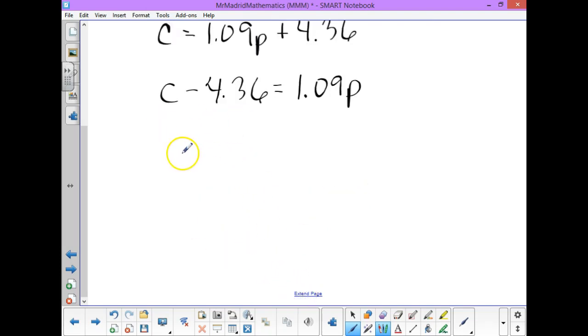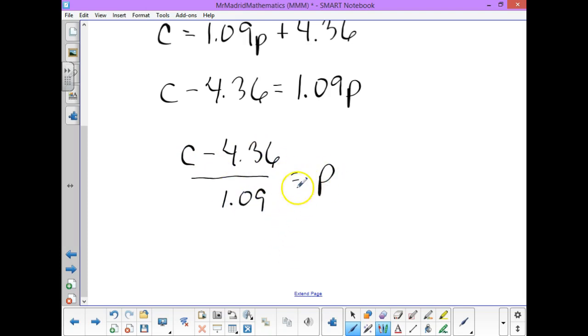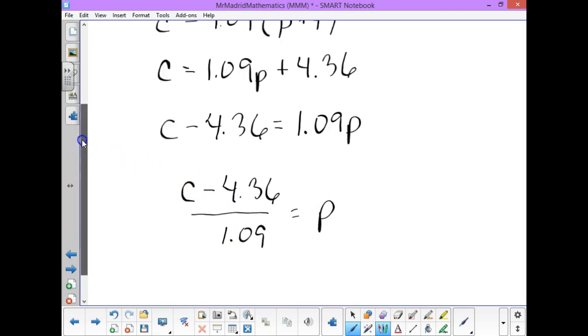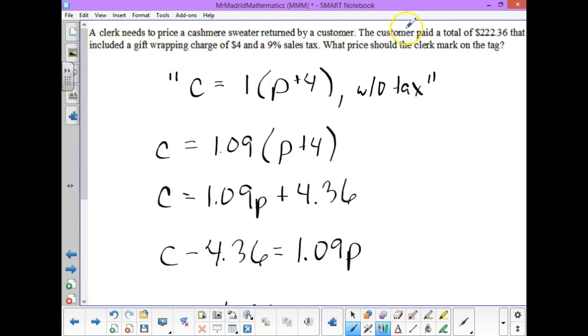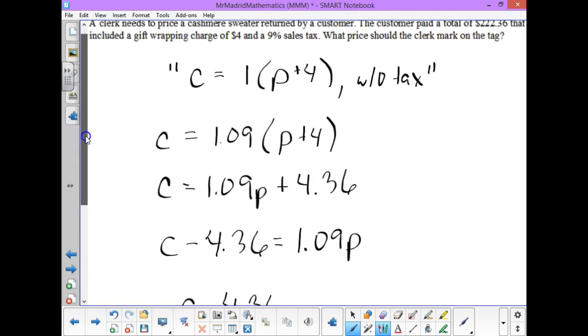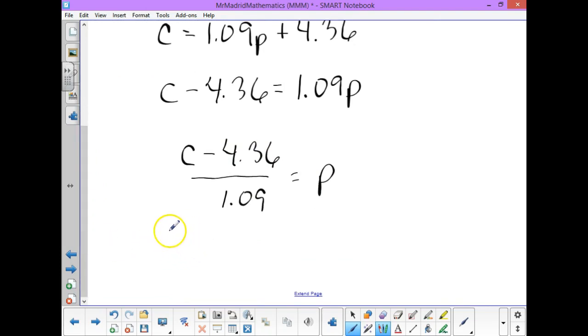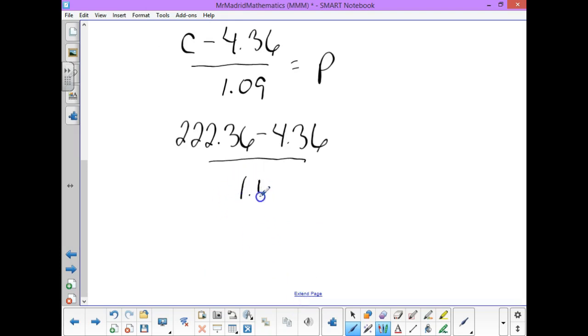And you guessed it, I'm going to now divide by 1.09, so I have C minus 4.36 over 1.09 equals P. Okay, so if I want P, now I know, but I must know C. I go back up here and I realize that the customer had paid a total of $222.36, so I'm going to plug that in, 222.36. So then, okay, in here I'll go 222.36 minus 4.36 over 1.09, which equals P.